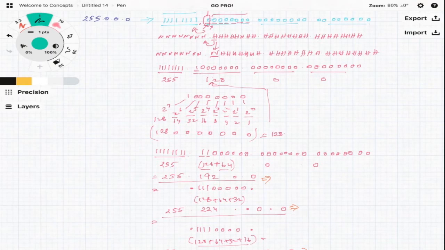So here in 255.128.0.0, since we have borrowed only one bit here, the total number of subnets is 2 power 1, that is equal to 2 networks possible here.